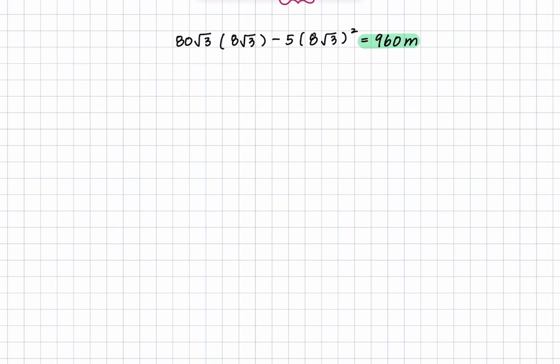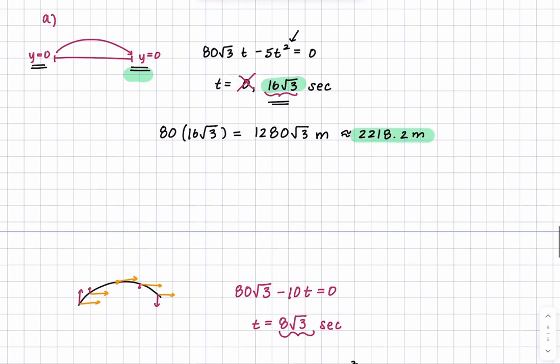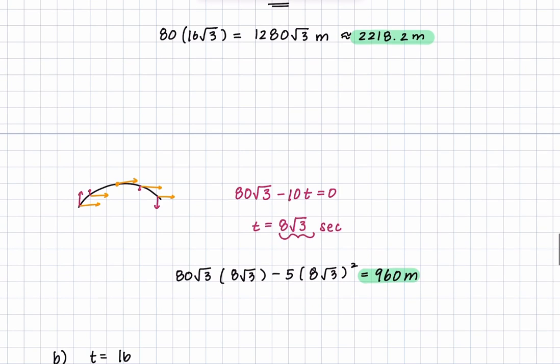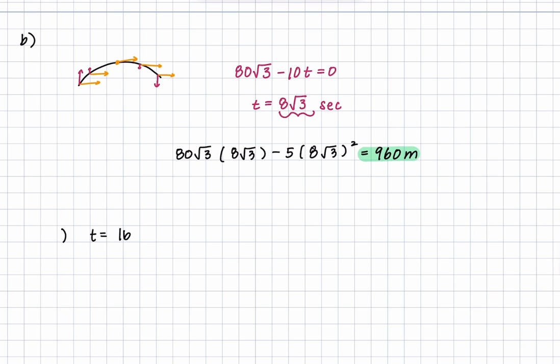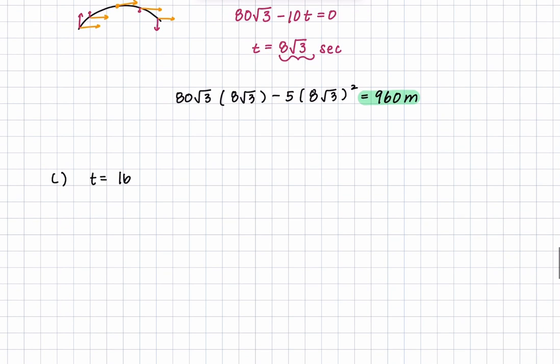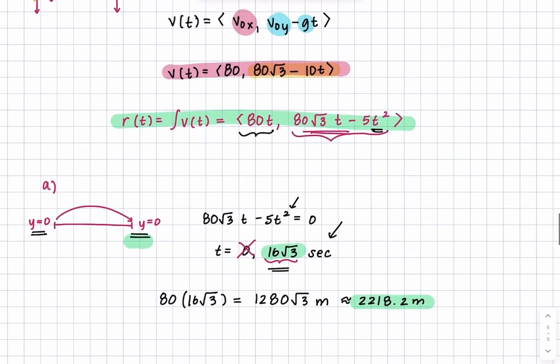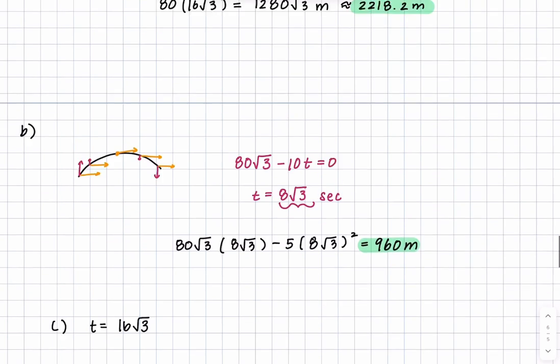For part C, we know the time equals 16 root 3 from part A. And I know that my velocity vector is 80, 80 root 3 minus 10t.